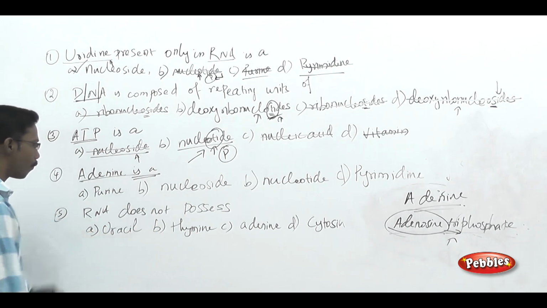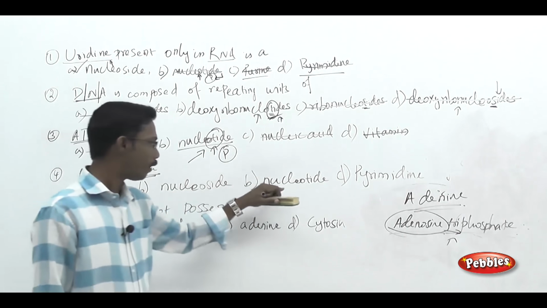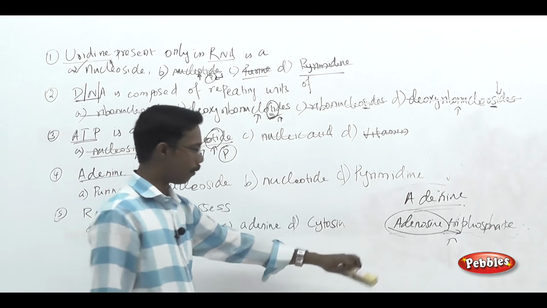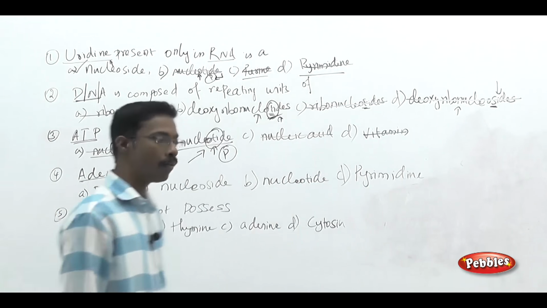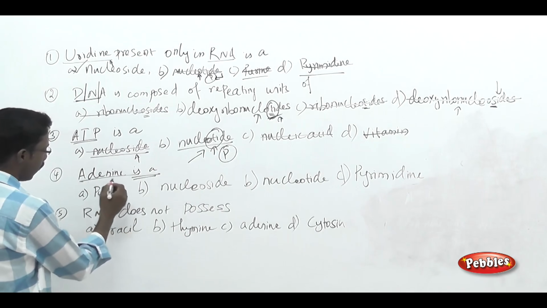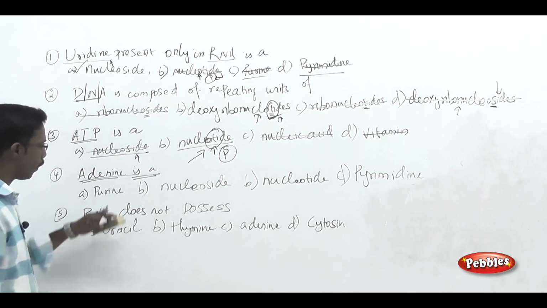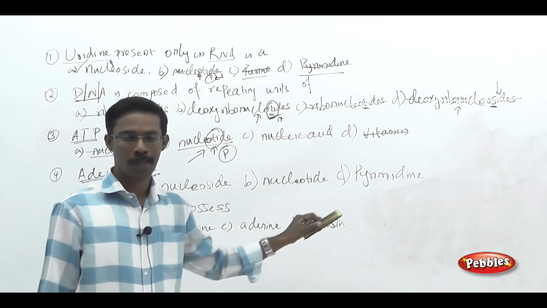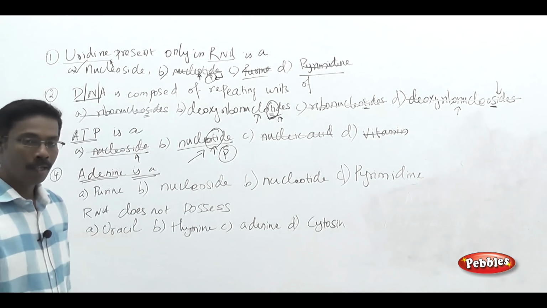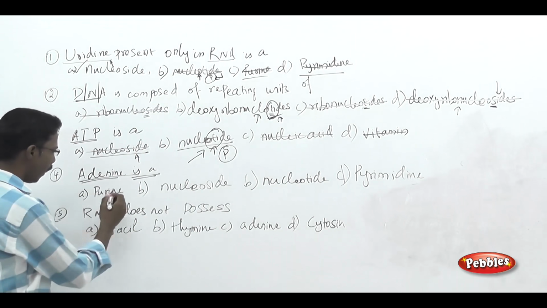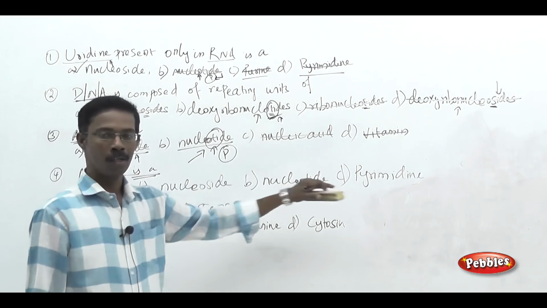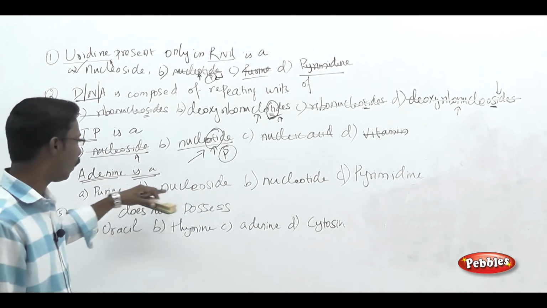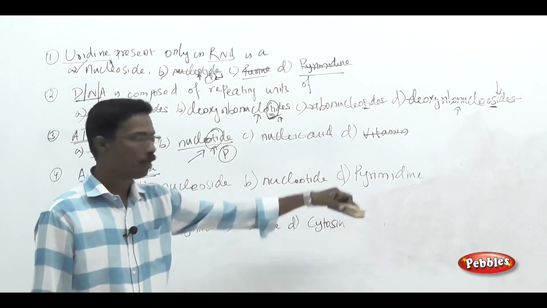Adenine is a purine, nucleoside, nucleotide or a pyrimidine. Okay, so this is a straightforward but a bit confusing question. We all know adenine is a kind of nitrogenous base present in DNA and RNA, and you have to choose from purine, nucleoside, nucleotide and pyrimidine.